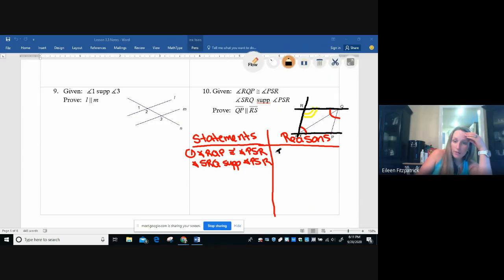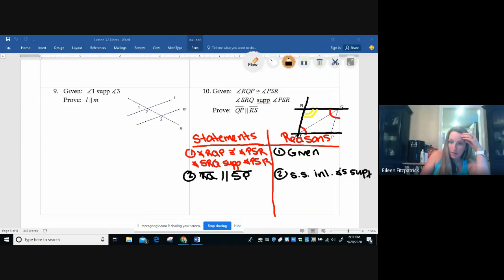So from this piece of given, the second piece of given, you can say that RQ is parallel to SP because same side interior angles supplementary implies parallel lines.